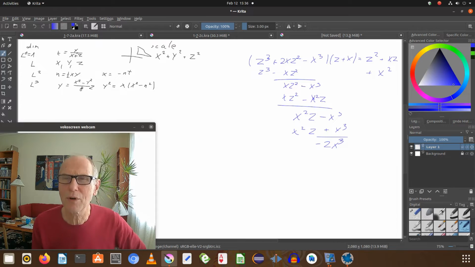So what have I done wrong? This should be a plus. So it should be a plus down here. So this should be a minus. So it should be minus x squared and minus x squared, that's minus here.